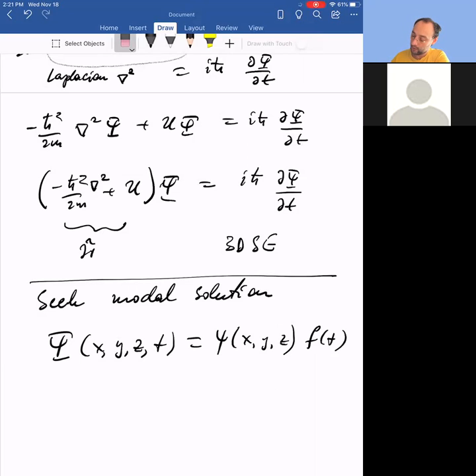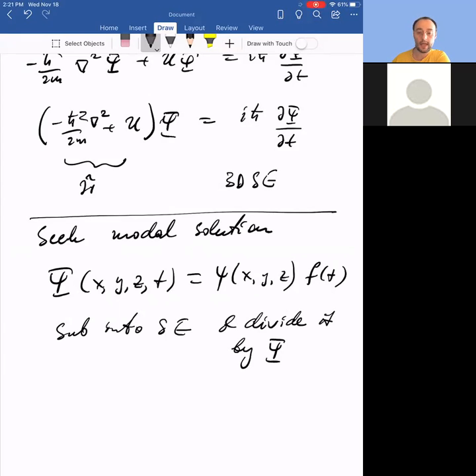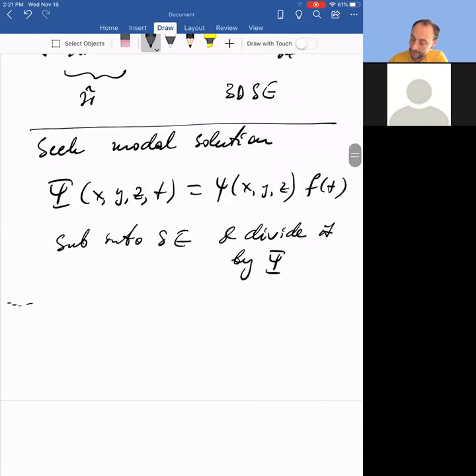So what do we do next? We substitute into the Schrödinger's equation and divide it by the big psi. When we do that, we will get the following thing.